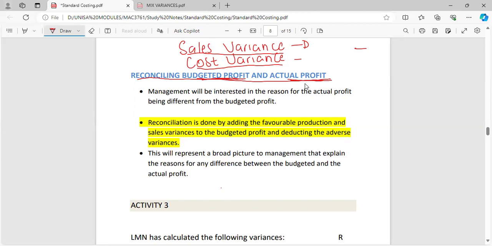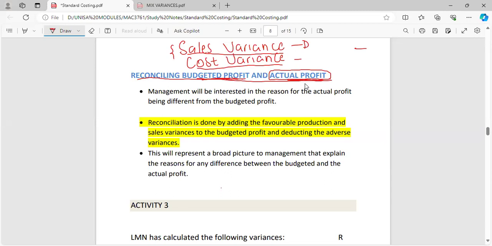If it is an adverse, then it's going to reduce the budgeted profit. So at the end of the day, after you do your reconciliation, you should arrive at the actual profit based on your reconciliation. So in our reconciliation, we use the sales variance and the cost variance.